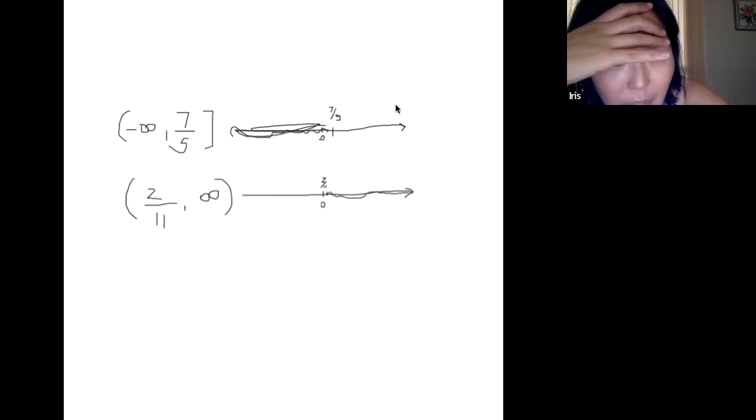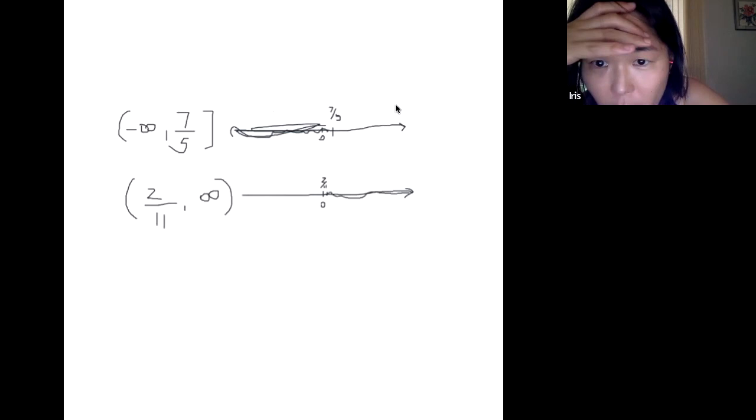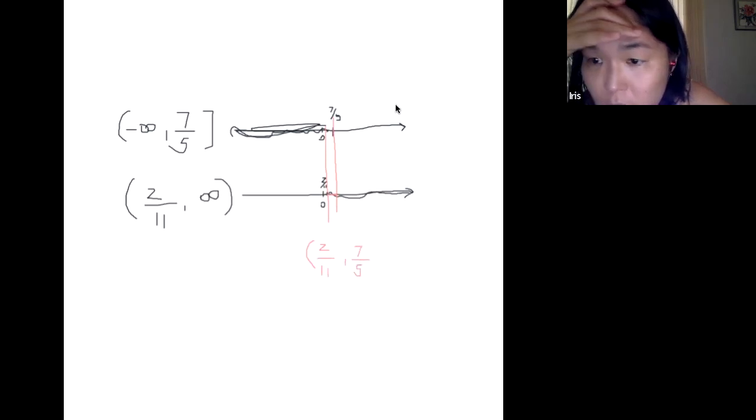I need to find something that is a solution here and also a solution here. So the only set I have is this one. My solution set is going to be 2/11 to 7/5. It's the intersection of the two solution sets.